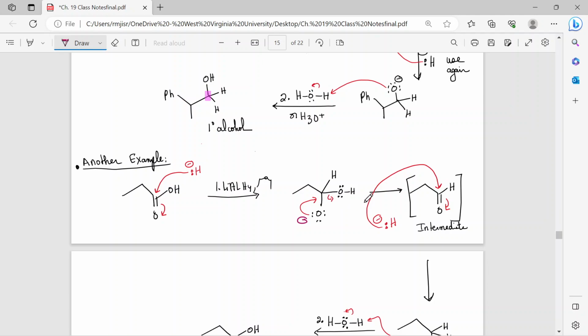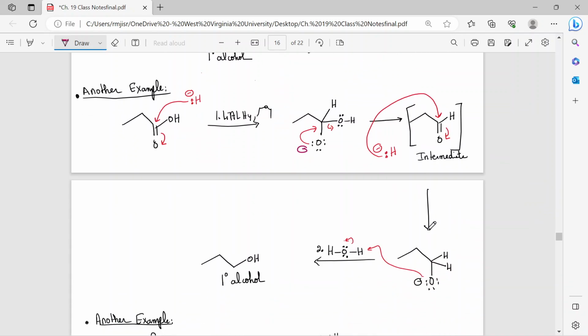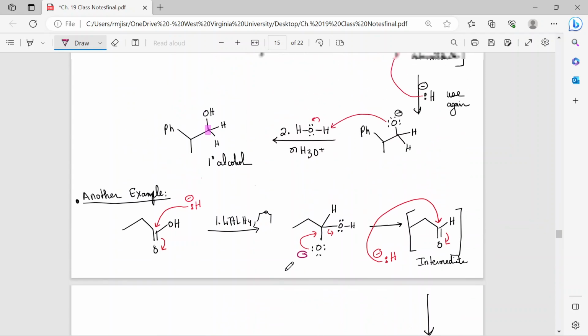We know that OH is a bad leaving group, but for us, we just take it as an OH leaving in this case to create the intermediate, which is the aldehyde. So once you form the aldehyde, the lithium aluminum hydride is going to attack again, form a negative charge on the oxygen, then it's going to get protonated, and you still get a primary alcohol.